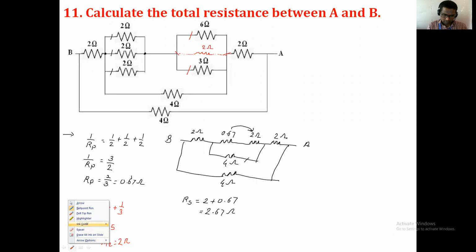Parallel. They are connected in parallel. So I can write 1 upon Rp3 is equal to 1 upon 2.67 plus 1 upon 4. So I want that value of Rp3 directly.